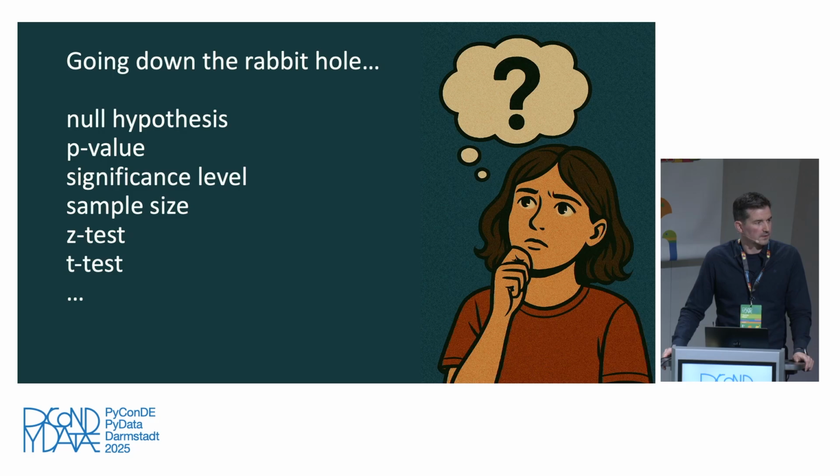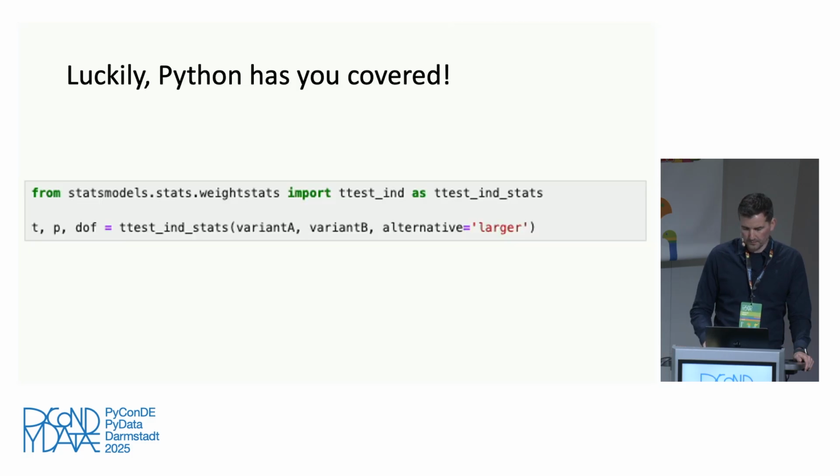You talk about things like null hypothesis, p-values, significance levels, t-tests, sample sizes. And I'm not saying that what I'm going to show you now gets rid of all of this, but the point is you're talking to somebody who's not statistically trained, right? You're talking about somebody who knows how to write code. And then you might argue, okay, but luckily Python has you covered because there's, for example, the statsmodels library, and you can use the independent t-test out of this library.